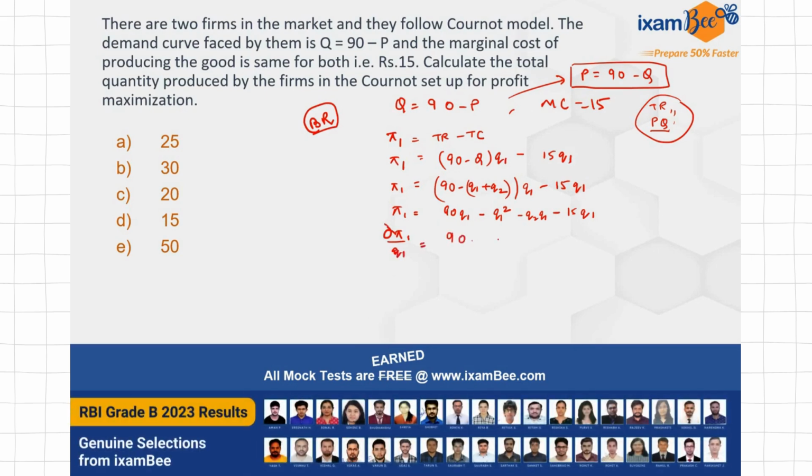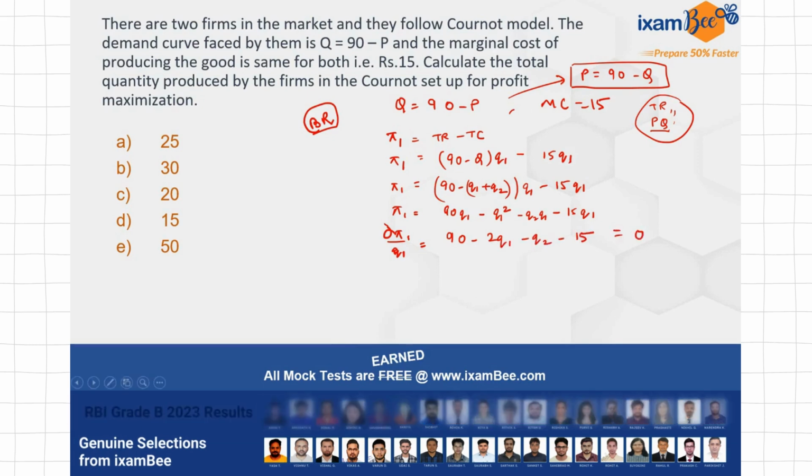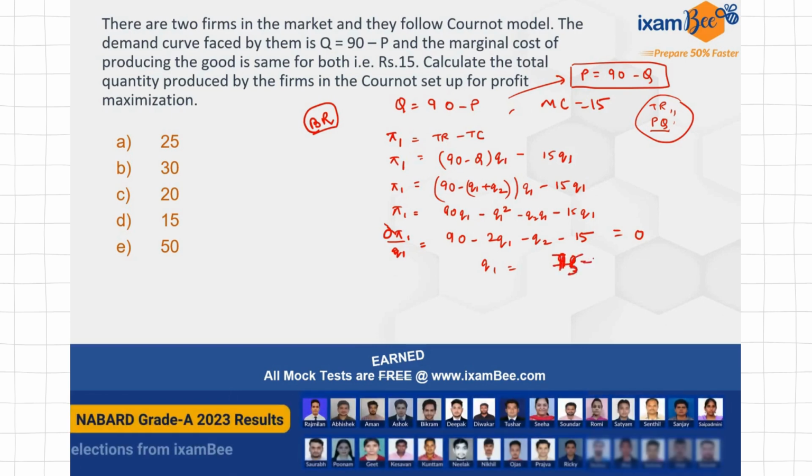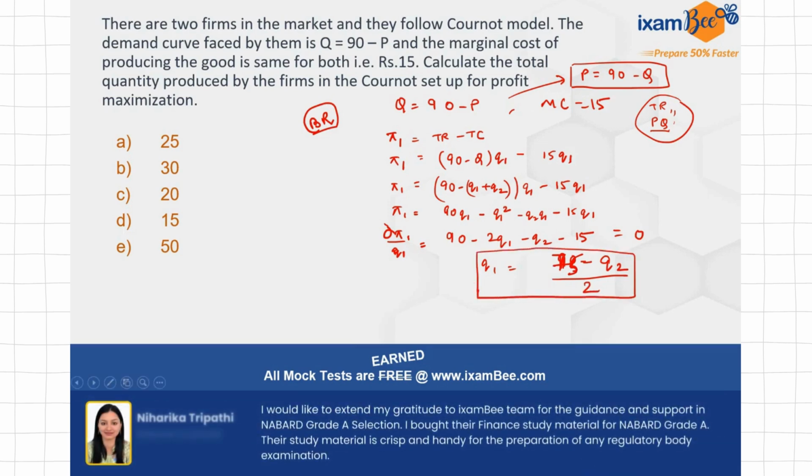You have 90 minus 2Q1 minus Q2 minus 15, equated to 0. Taking all the terms except Q1 to one side, 90 minus 15 is 75, so Q1 equals (75 minus Q2) divided by 2. This is the best response function for firm 1.